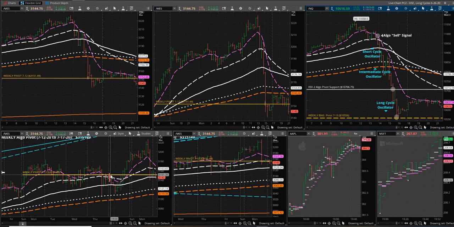The reason the institutional algorithms are so tricky for traders that are using those 5, 10, 15 minutes, whatever, is because those aren't the time frames the institutional algorithms use. So if you're looking at 5-minute, 10-minute, 15-minute charts, hourly charts, 2-hour charts, you're not seeing what the institutional algorithms see.